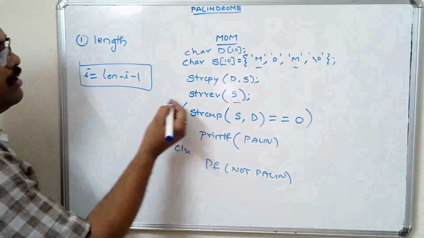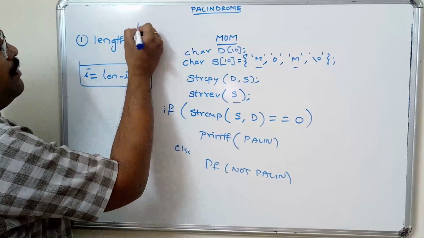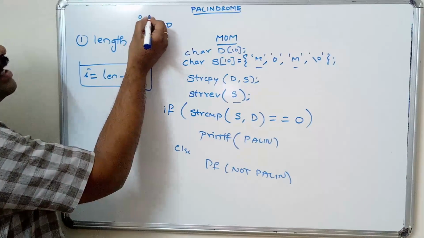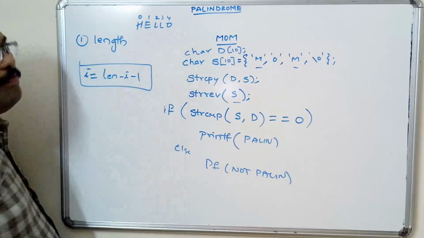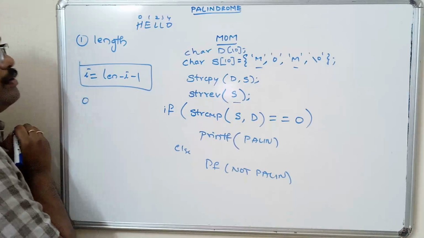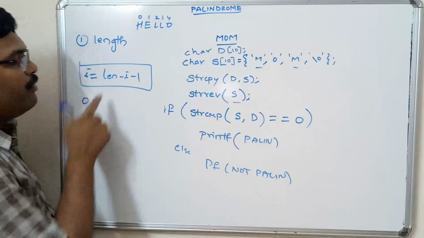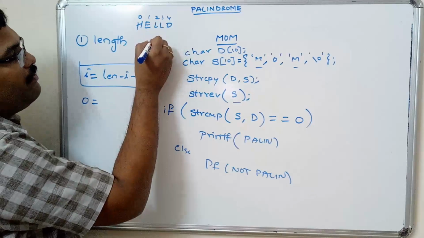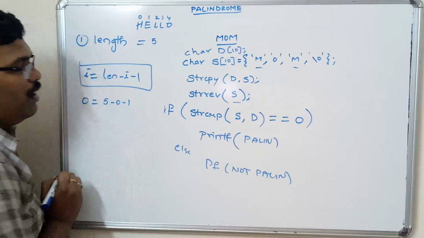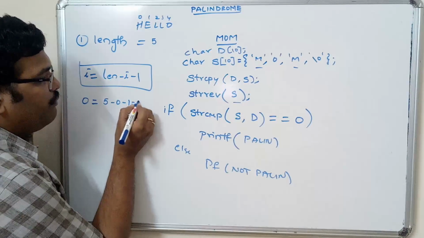See here, if you consider hello, the index values are 0, 1, 2, 3 and 4. If I is equal to 0, it is compared with length. What is the length here? 5. Length is 5. 5 minus 0 minus 1 is equal to 4.